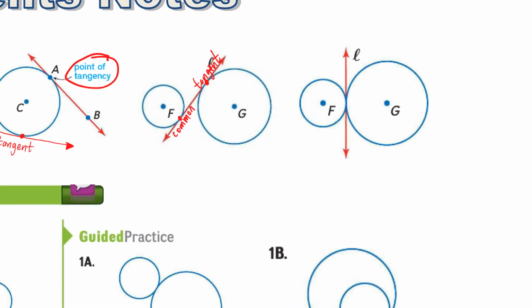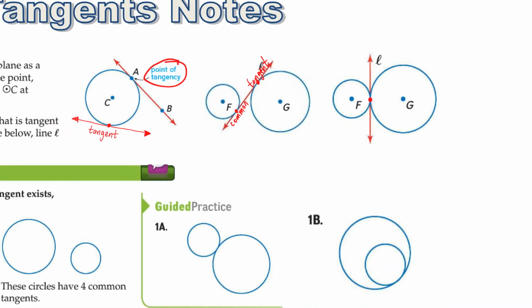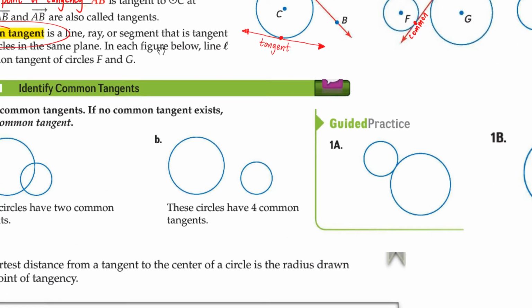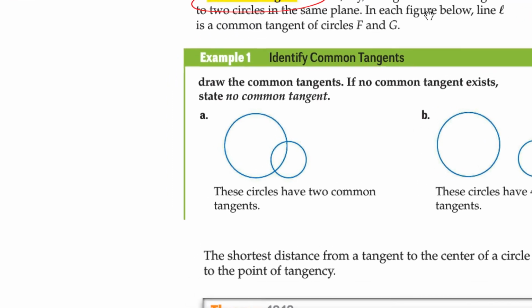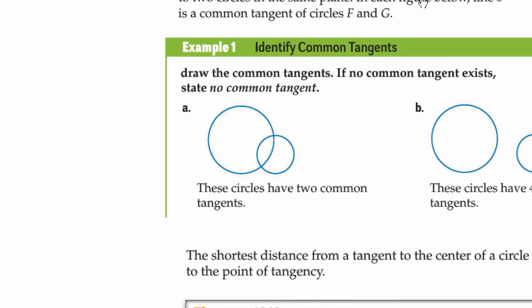It's tangent to both of those circles. So right here we're going to draw the common tangents. Right here is a common tangent. And right here is a common tangent. The tangent that's tangent to both circles.